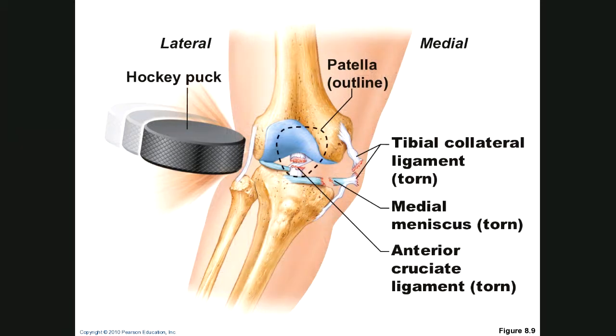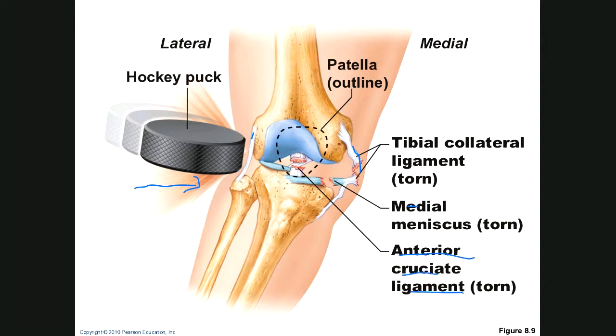Okay, this is a typical injury. We don't do so much hockey here, though. There's a team in Columbus and maybe one in Macon, so it is probably more common, but it's a typical football injury. A lateral hit to the knee joint, and this lateral collateral ligament may hold up, but the force inwards tends to break this tibial or medial collateral ligament, tends to destroy the meniscus and the anterior cruciate ligament.